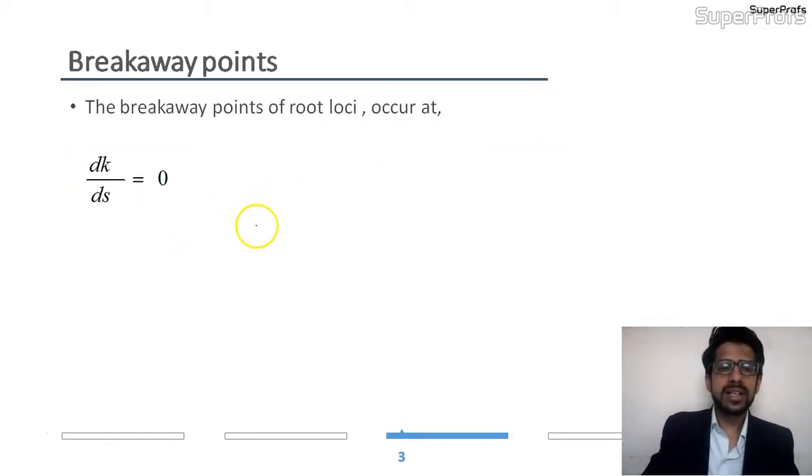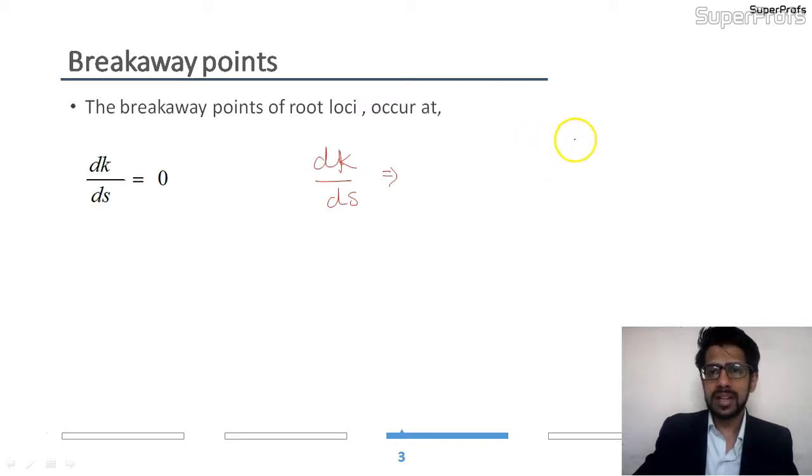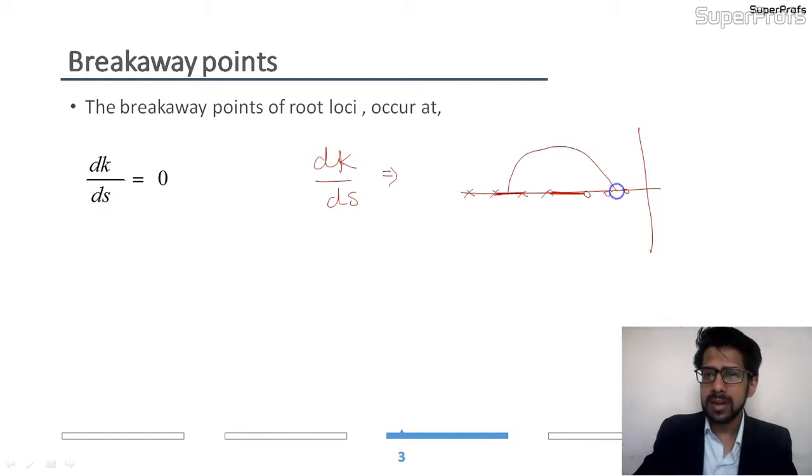And what are breakaway points? The breakaway points of root loci are given by dk by ds, which are specifically the points at which multiple roots occur, as we saw in the example where we had the root loci diagram as follows. So we had 3 zeros and 4 poles, wherein this was on the root locus, and this part where we had a circular shape going towards other poles.